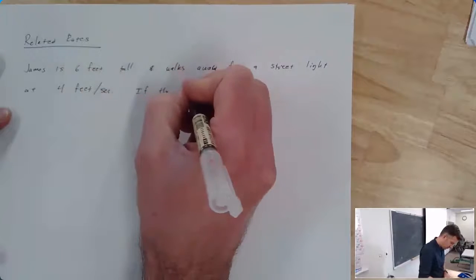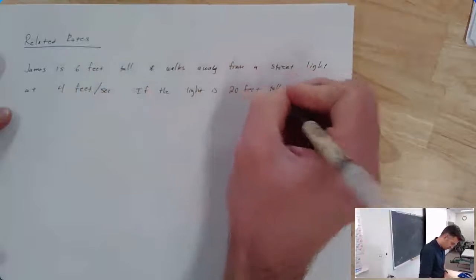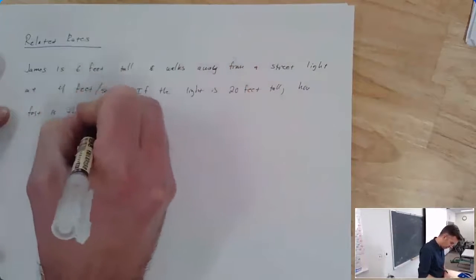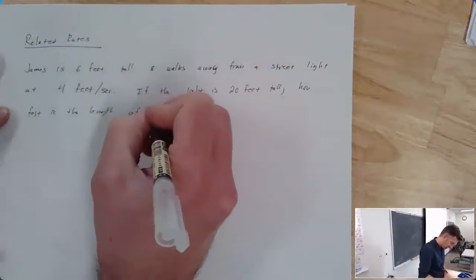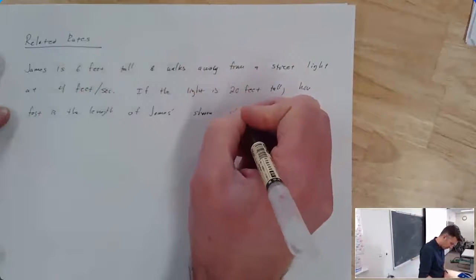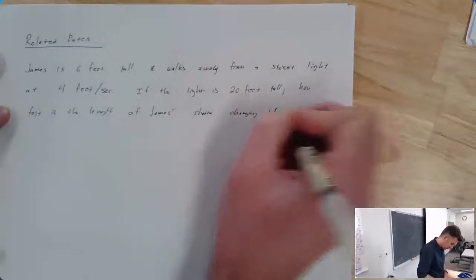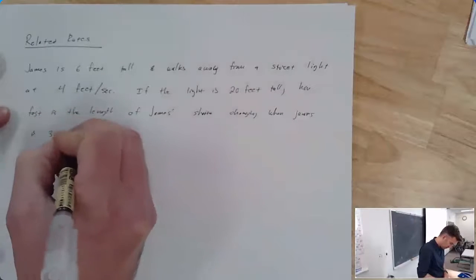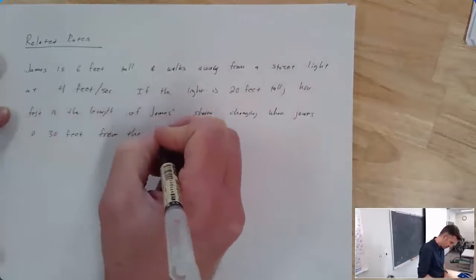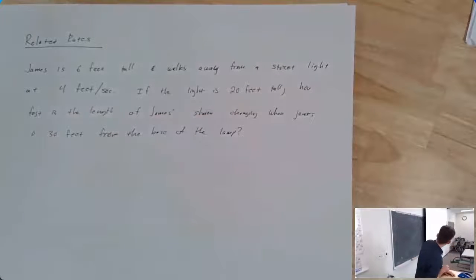If the light is 20 feet tall, how fast is the length of James's shadow changing when James is 30 feet from the base of the lamp. A lot of words.